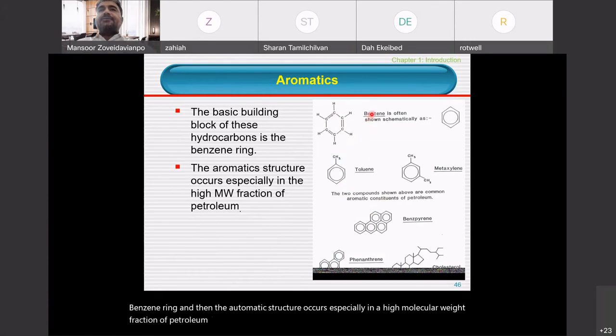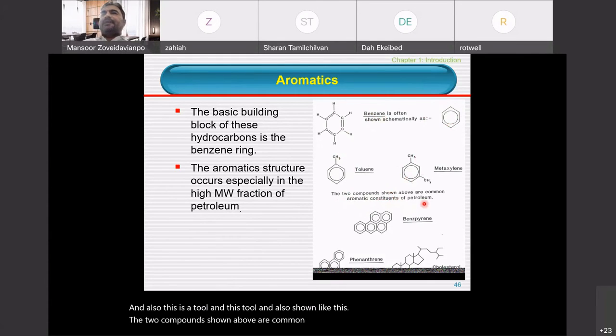This shows you benzene, normally shown schematically like this. And this is toluene, also shown like this. The two compounds shown above are common aromatic constituents of petroleum.